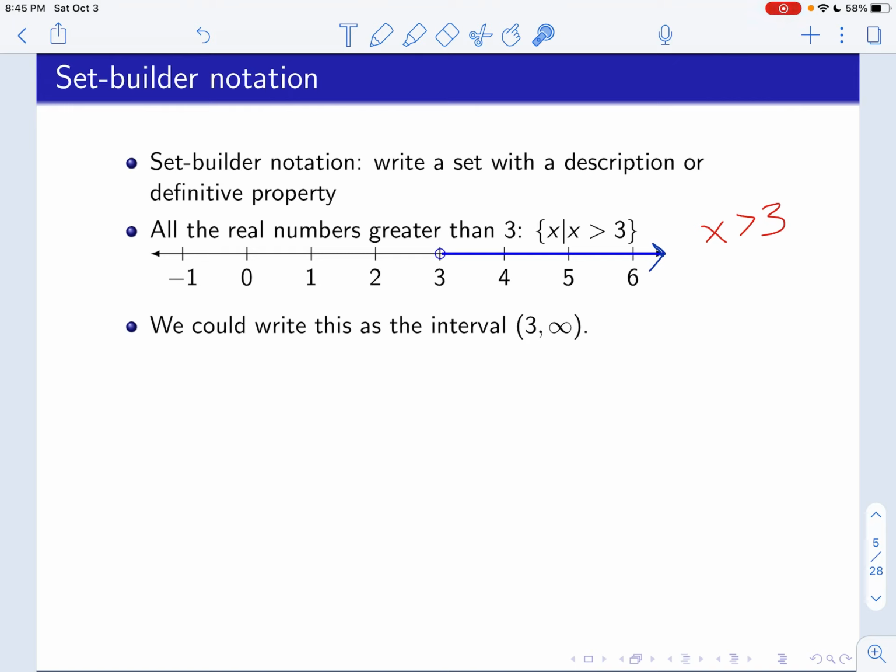Well, we could write this as an interval starting at 3, and it goes forever to the right, so we say that's going towards infinity. This is a more compact way of doing it than having to draw this graph every time, because sometimes this is a little bit difficult to visualize in your mind. So this interval includes all of the numbers bigger than 3, but none of the numbers less than 3.